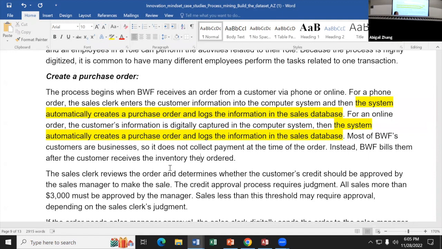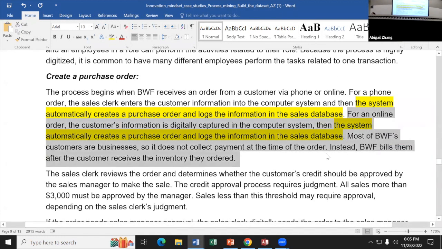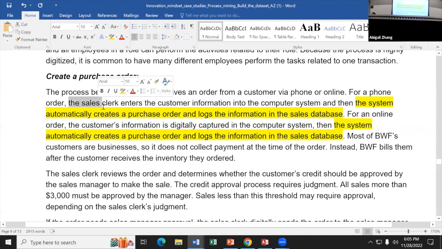Yeah, it can remove human error. That's exactly right. Do you guys agree? So if we look at the online order system, for those online orders, the system will automatically create a purchase order instead of going through a manual process by the sales clerk.